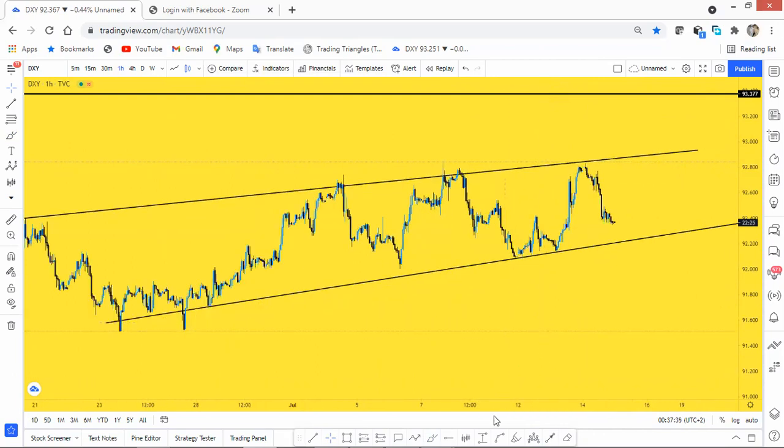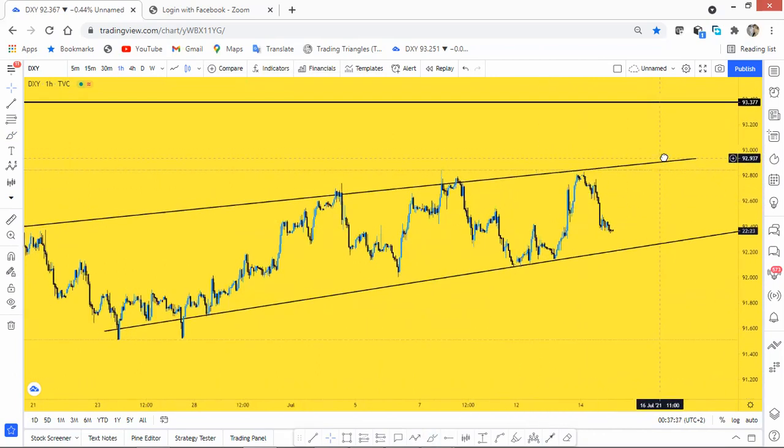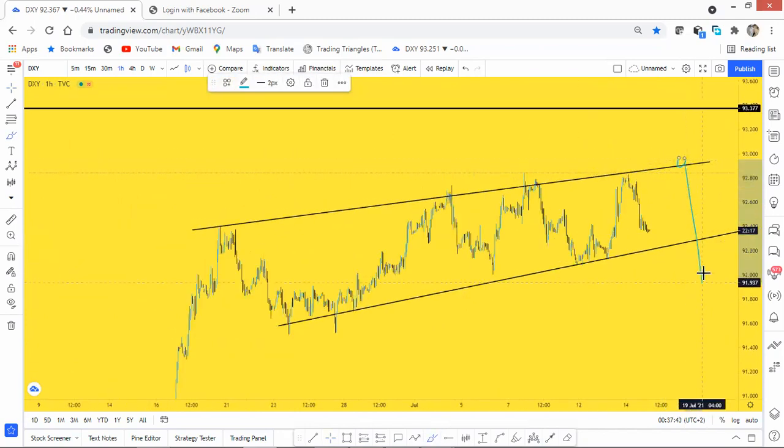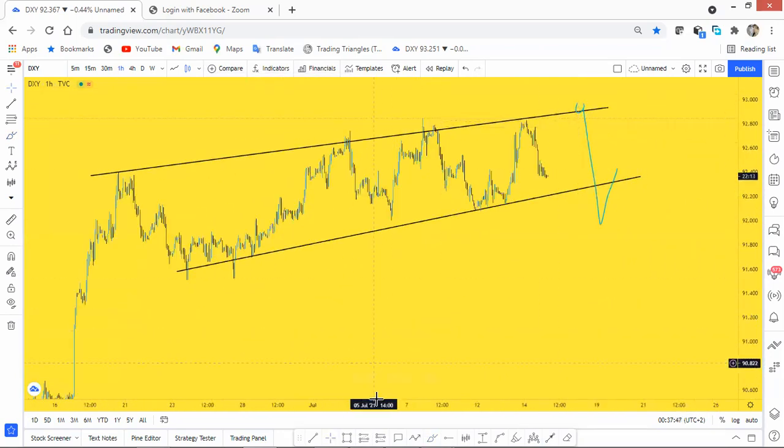If I enter a sell here, there's a higher chance the market will break out of this. Now imagine I enter a sell here at the top, the market breaks out and goes down with me. The profits are maximized. So it is very important to buy low, sell high, and to be patient.